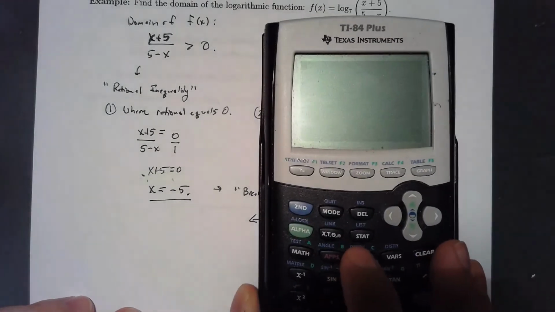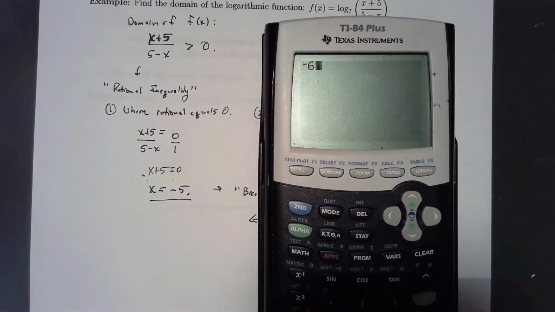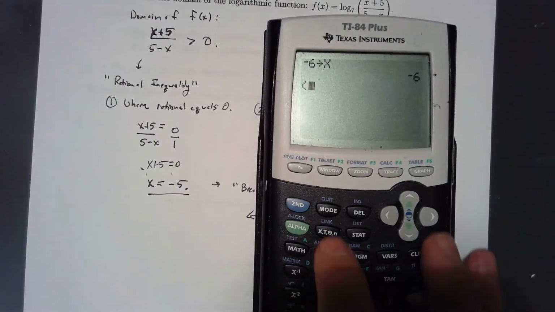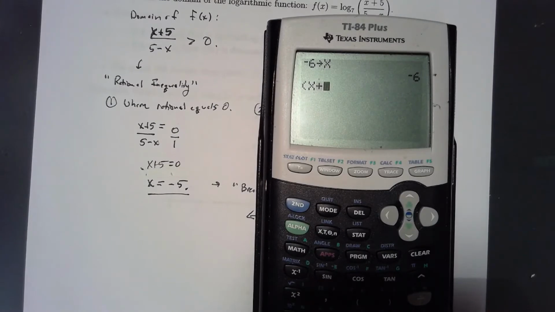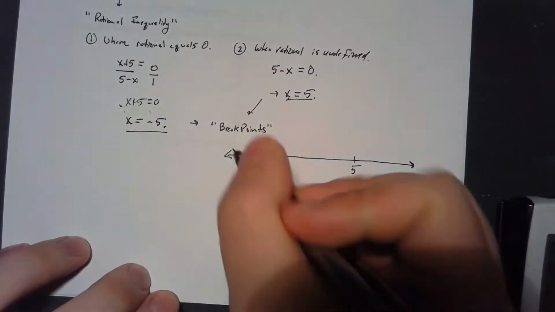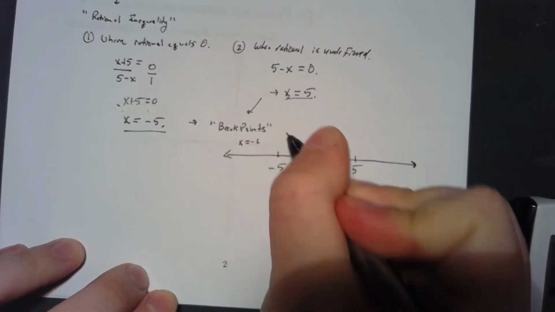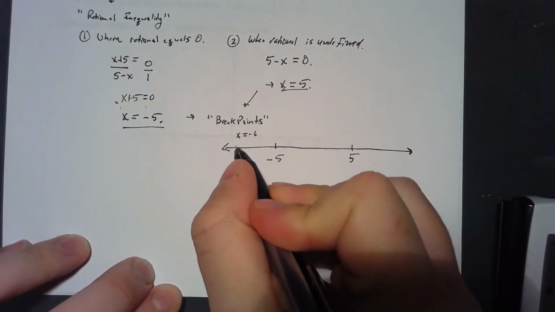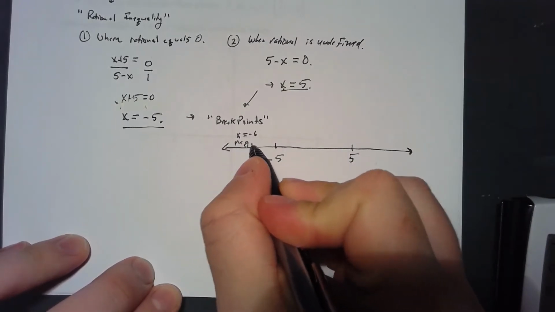So let me choose -6. Store -6 in x and type in quantity x plus 5 divided by quantity 5 minus x. That gives me a negative number, right? So when x is -6, this is negative.